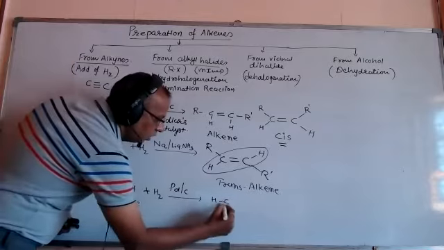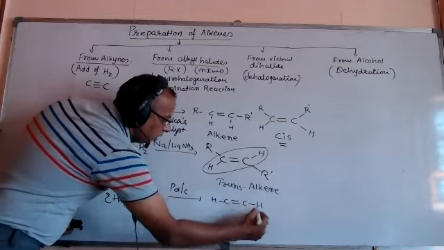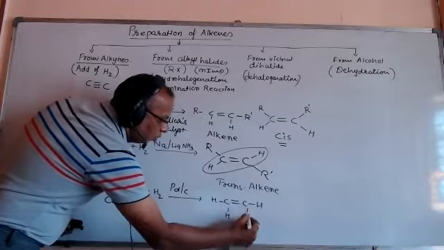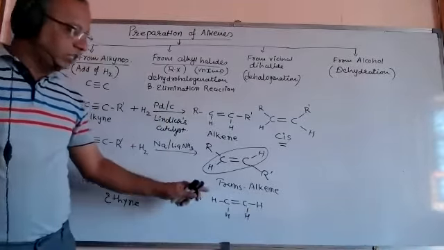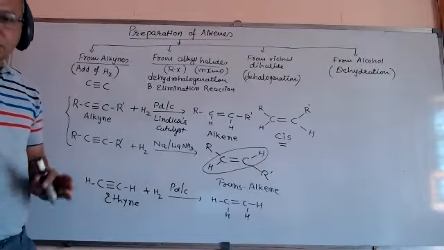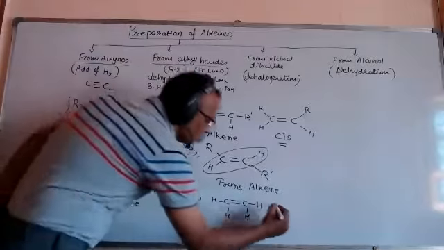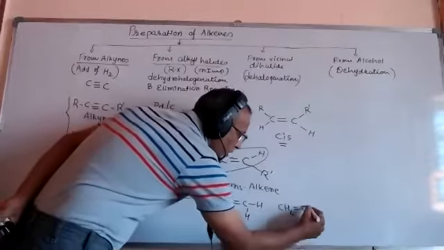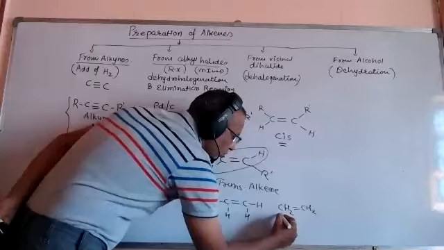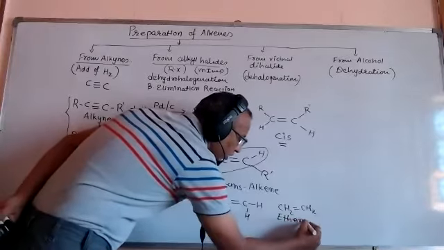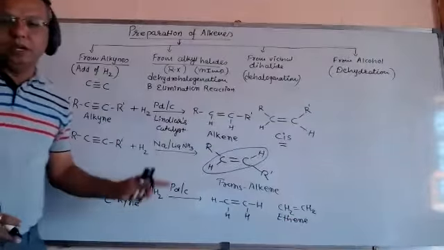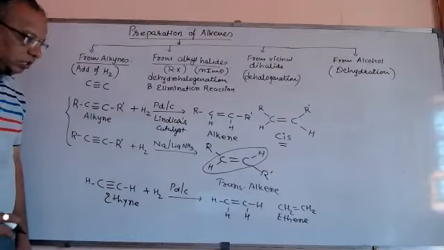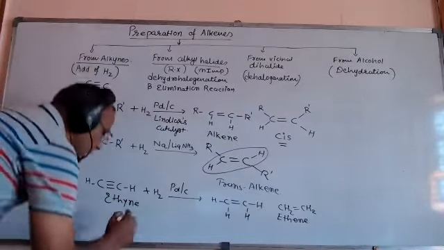This is C, H, C, H. As you can see, all four hydrogen atoms are here. It is not giving us cis or trans isomers. So this is CH2 double bond CH2, called ethene. So ethyne to ethene can be obtained by this reaction, the preparation of alkene.